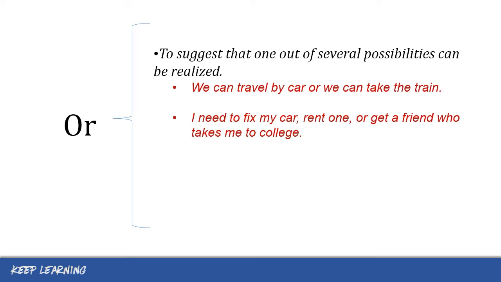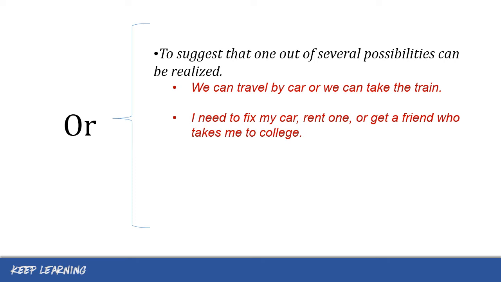Next is or, which gives you options, right? It suggests that one out of several possibilities can be realized. For example, we can travel by car or we can take the train. In that case, you have two options. You can use the car, you can use the train.